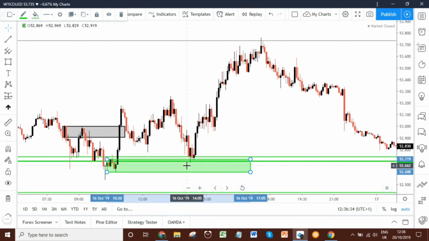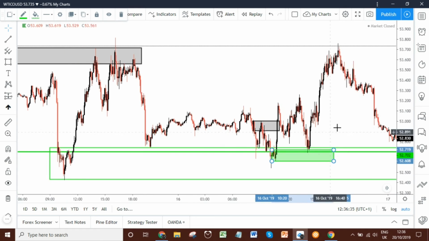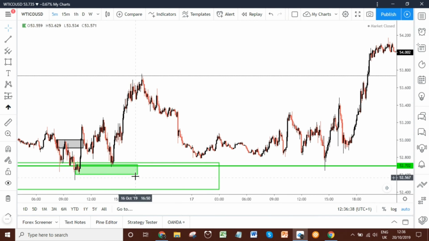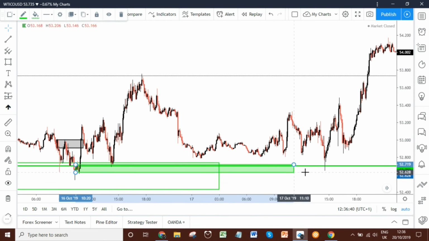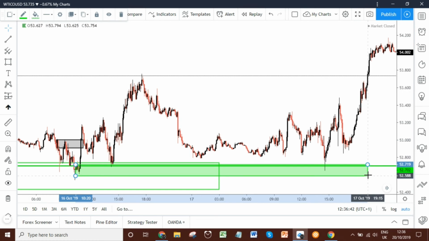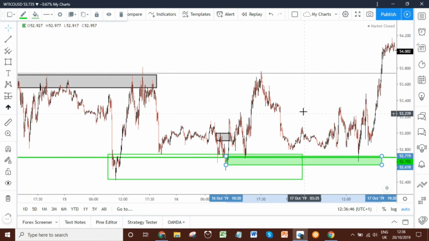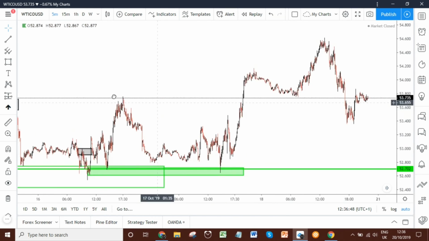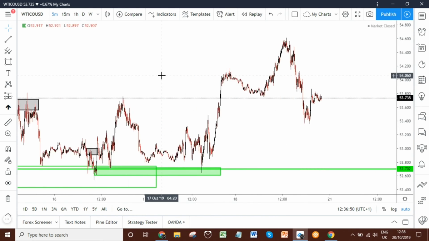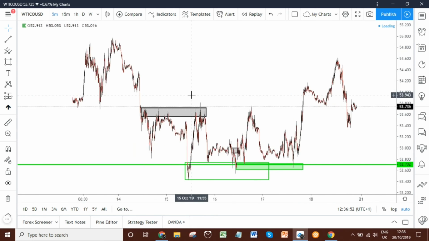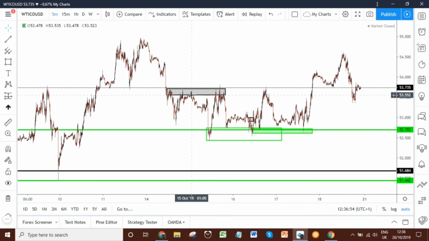So the market's come back into it nicely. And as we can see, if we stretch this out some more, the market went back into it further and has pushed out again since. All right, so this is me trying to be the bank and buy around the same positions.